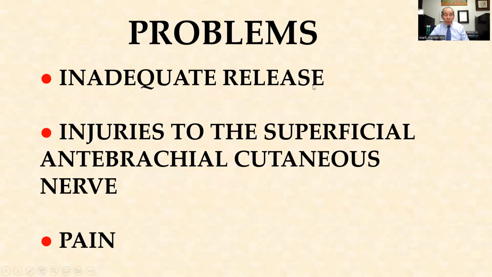Surgical problems include an inaccurate release, or you can damage the medial antebrachial cutaneous nerve, which is like the elbow equivalent to the palmar cutaneous nerve. This is a little nerve that originates about 5 to 6 centimeters above the medial epicondyle, and it supplies sensation over the medial aspect of the elbow.